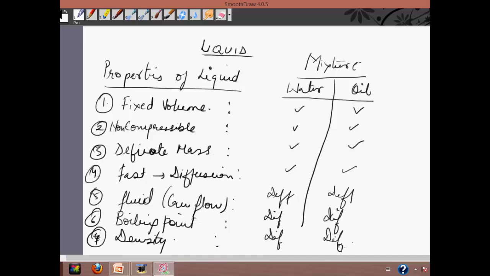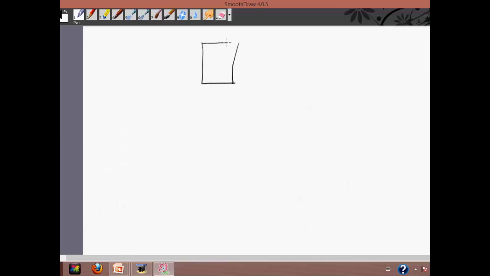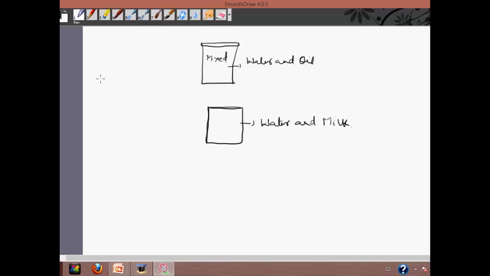So friends, if I take a glass, this is my glass, I have mixed water and oil, and in one more glass I have mixed water and milk. Both are mixtures of two liquids.